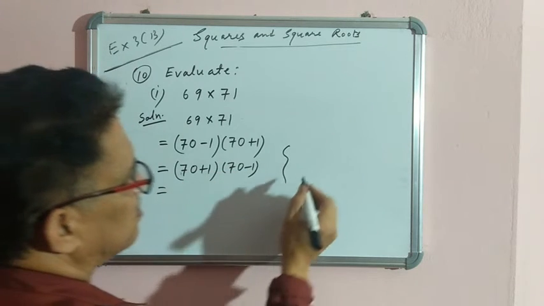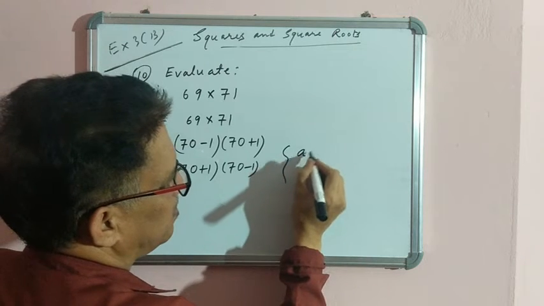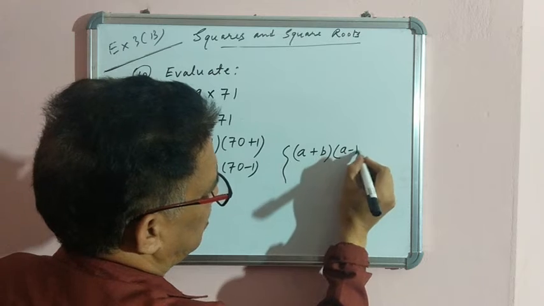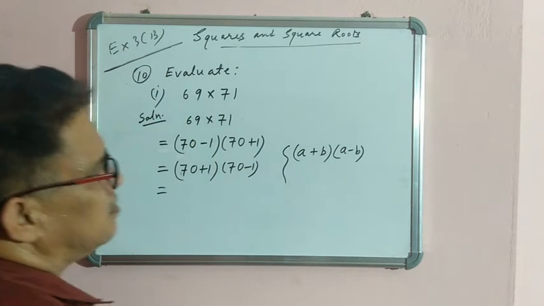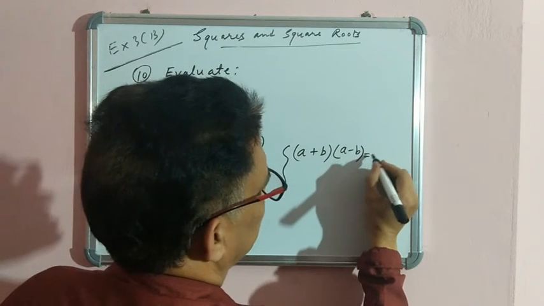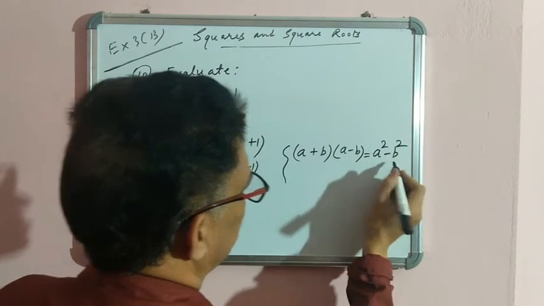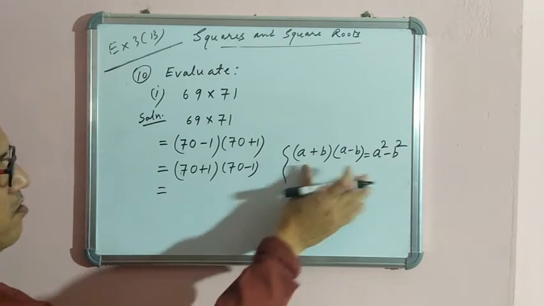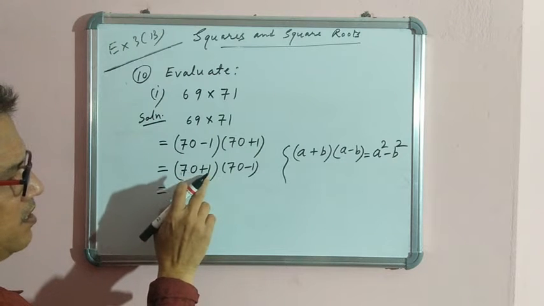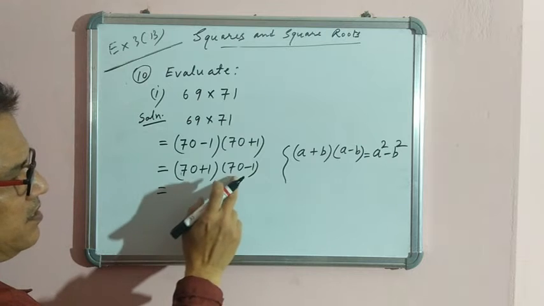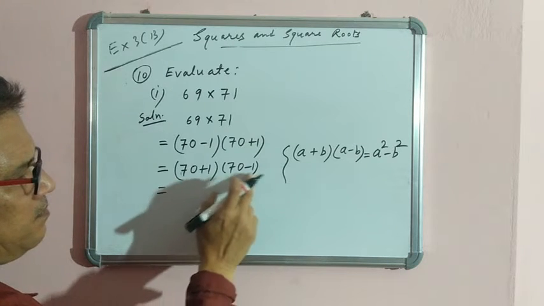I am using the identity A plus B into A minus B, which is equal to A square minus B square. The same form is here: A plus B, A minus B is 70 plus 1, 70 minus 1.